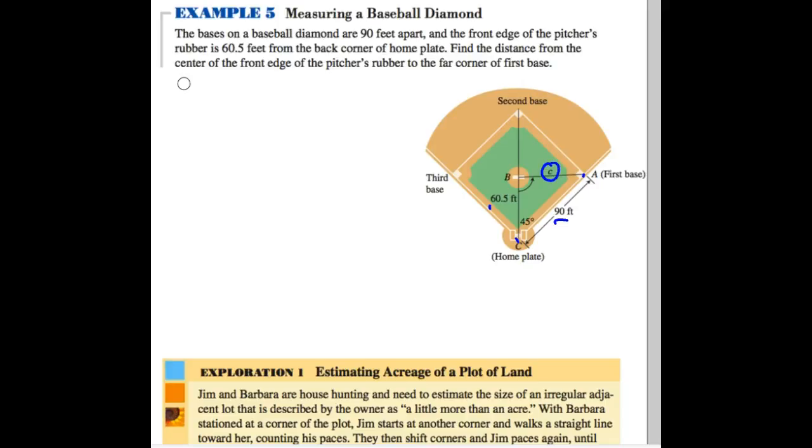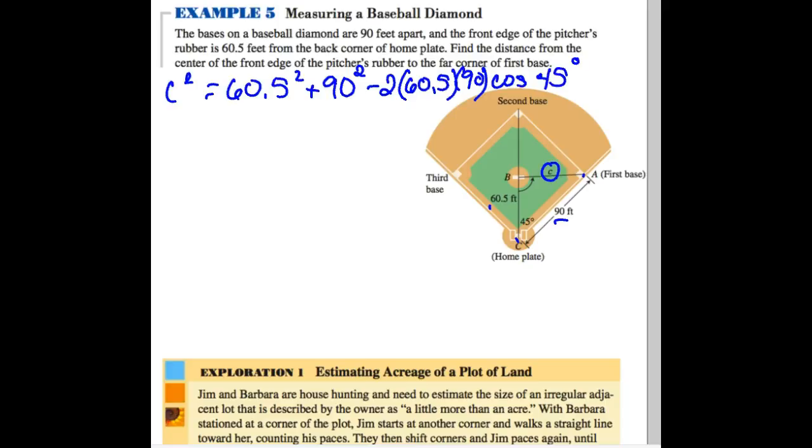So C squared is going to be the two sides squared, so 60.5 squared plus 90 squared minus 2 times 60.5 times 90 times the cosine of 45. All right, square rooting that final answer.